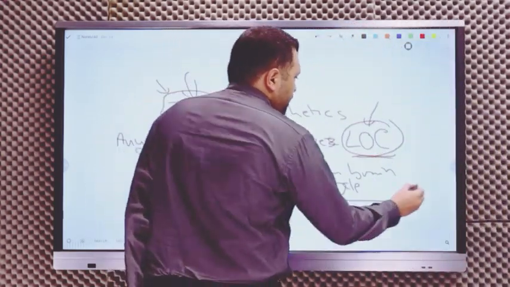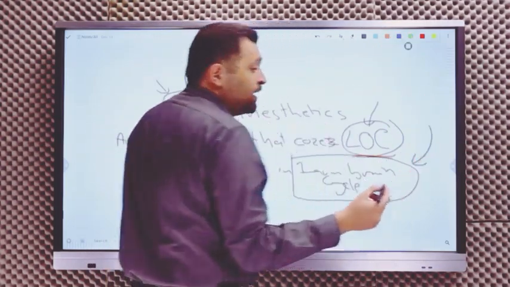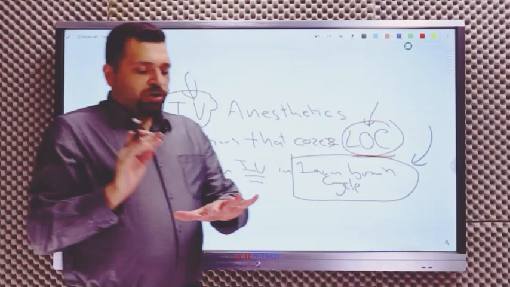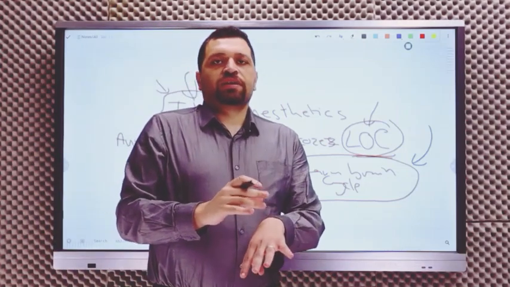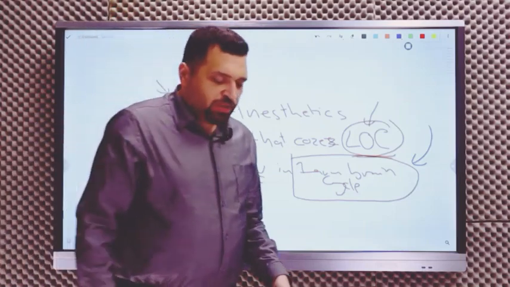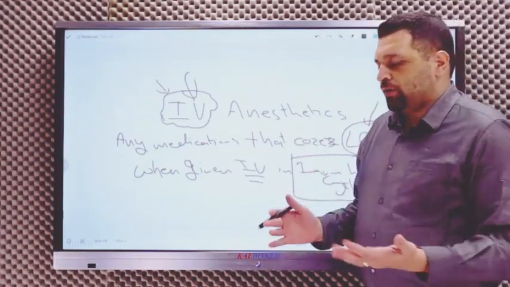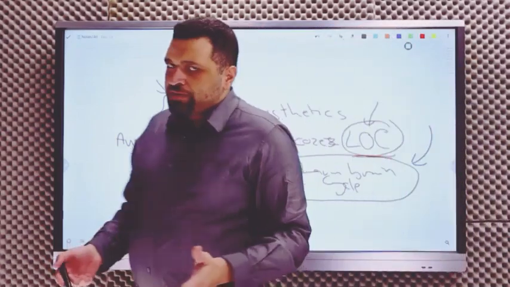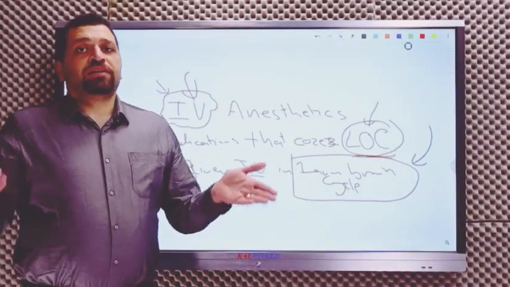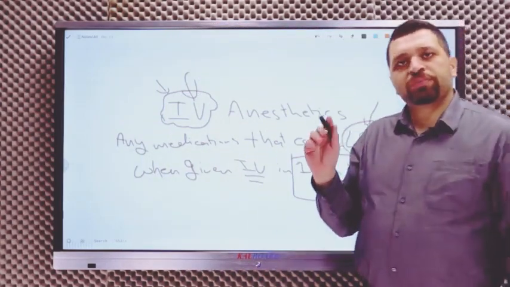Now this one-arm brain cycle, what does it mean? We said we can put something called an intravenous catheter or cannula. You can put it on the hand, you can put it on the feet, you can even put it in the neck. If you put it on the leg, this will be called leg brain cycle, for example. But here it's called one-arm brain cycle.